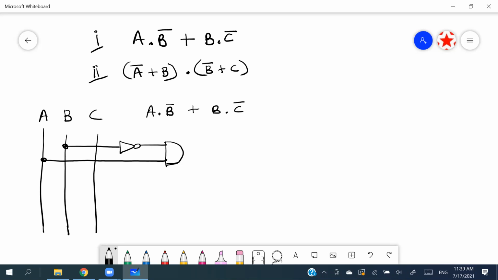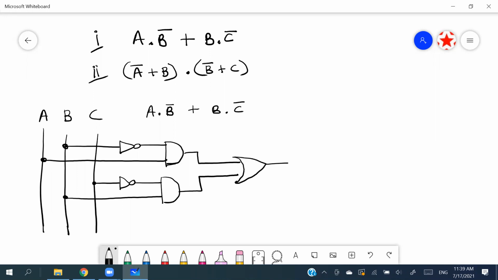Then I'm going to create C bar, taking the one from here, and I'm going to put this through an OR gate. Yeah, this is how the basic gates circuit is created.